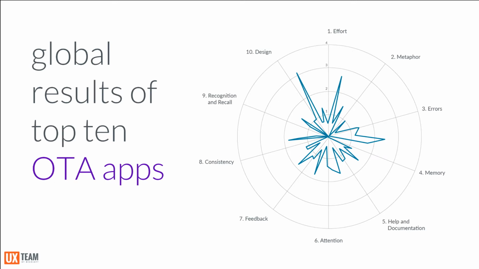The closer the blue line gets to the outer circle, the more severe the usability issue will be. And these 3 main opportunity areas are the design, the effort, and the errors. So I think Diana is going to explain a little further on those topics.